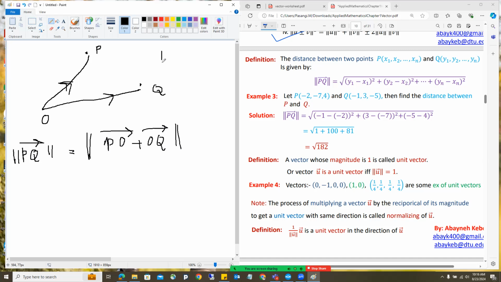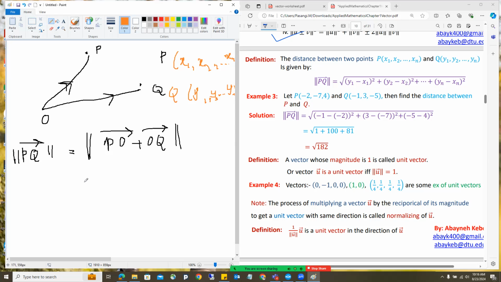So if we define this vector P as x1, x2 to xn, and if we define this vector Q as y1, y2 to yn, now what will happen?